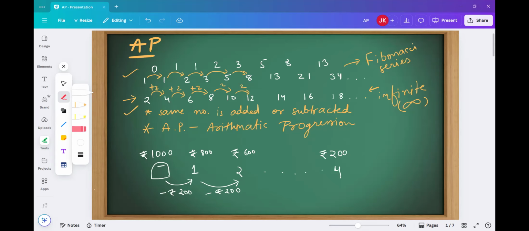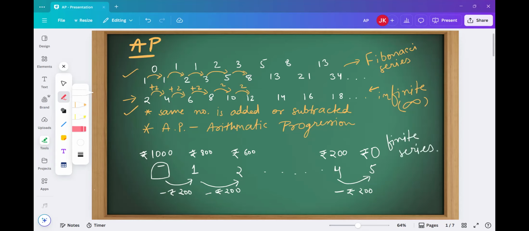And after this fourth month, when I again take out 200 rupees in the fifth month, now my balance is zero. I cannot take any more money out. So such a series which started from 1,000, then 800, 600, down to zero, in the case of money becomes a finite series.